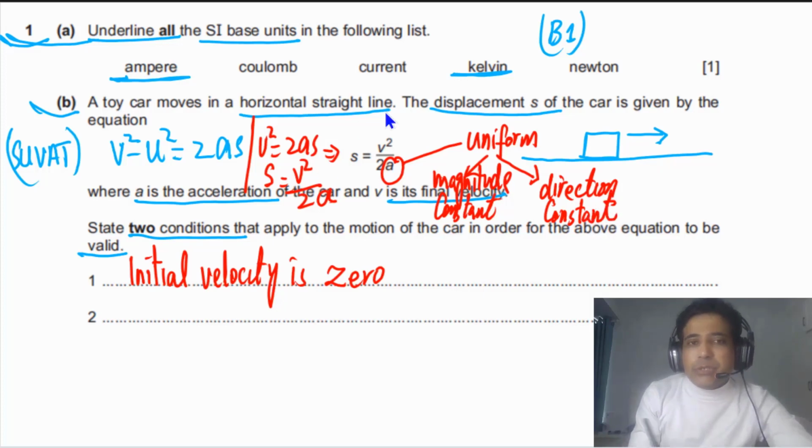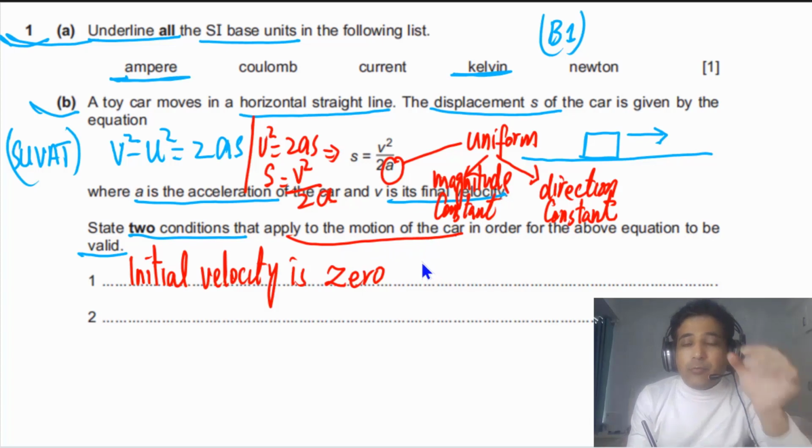In this case, the car is already moving in a straight horizontal line, so the direction is constant. If we have to use this equation, then the magnitude of acceleration also has to be constant, because the question is asking you to state 2 conditions that apply to the motion of the car.